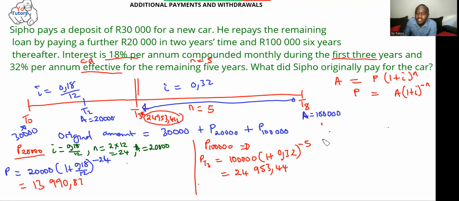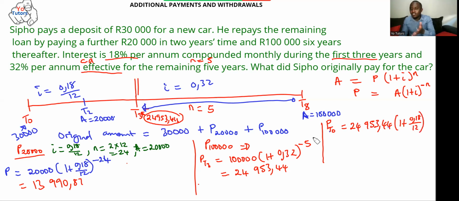Let's put it there and say, okay, principal now at T0 is going to be equal to 24,953.44 in bracket 1 plus our I is now 0.18 over 12, because the interest has changed.